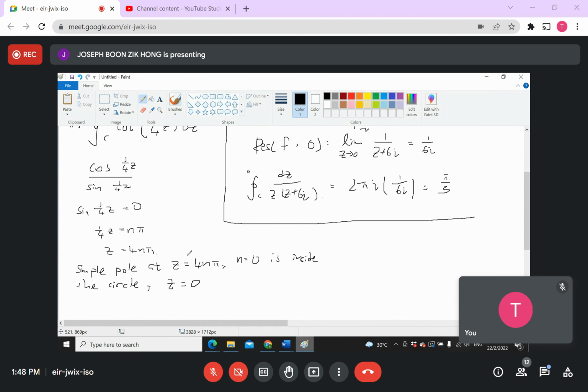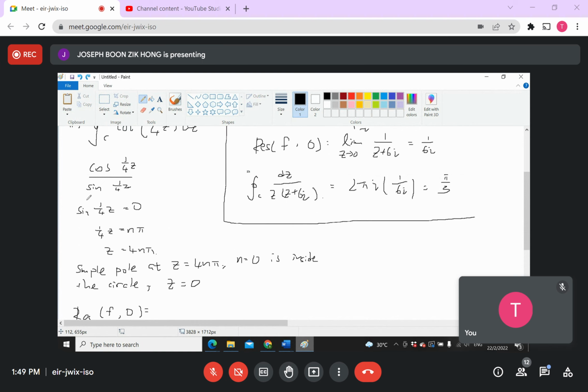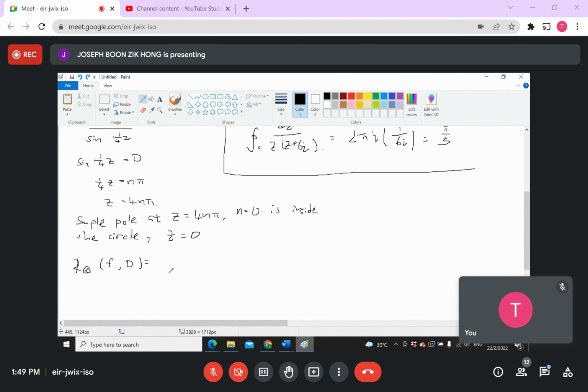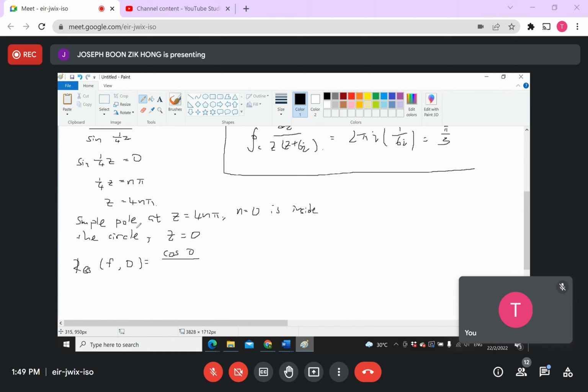Okay, z equal to 0, so I want to find the residue of f at 0. It becomes the limit of, this one I don't want, I directly use the last one: cos of 0 divided by the derivative, which gives 1 over 4 cos 0 as well.